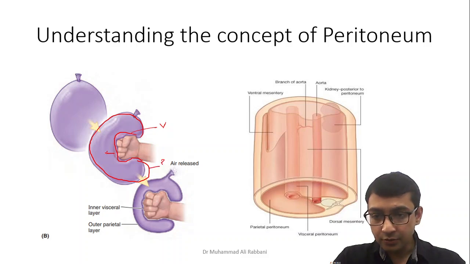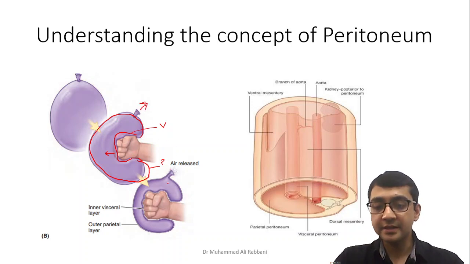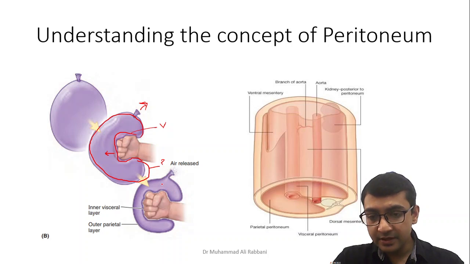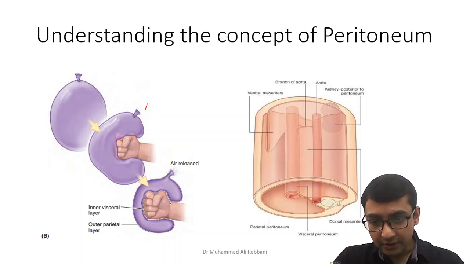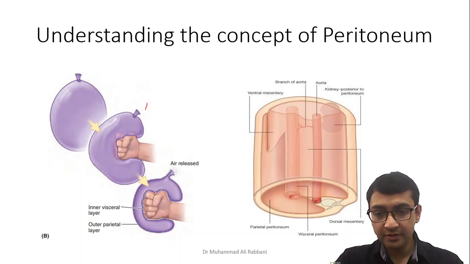As the punch goes on, the pressure will rise, so you will have to let the air out. As the fist goes inside, the air is let out. You see that the space between the two layers becomes narrower, and the organ gets inside. So if we say this fist was an organ, you can see that it is now covered almost entirely with the visceral layer of serous membrane.